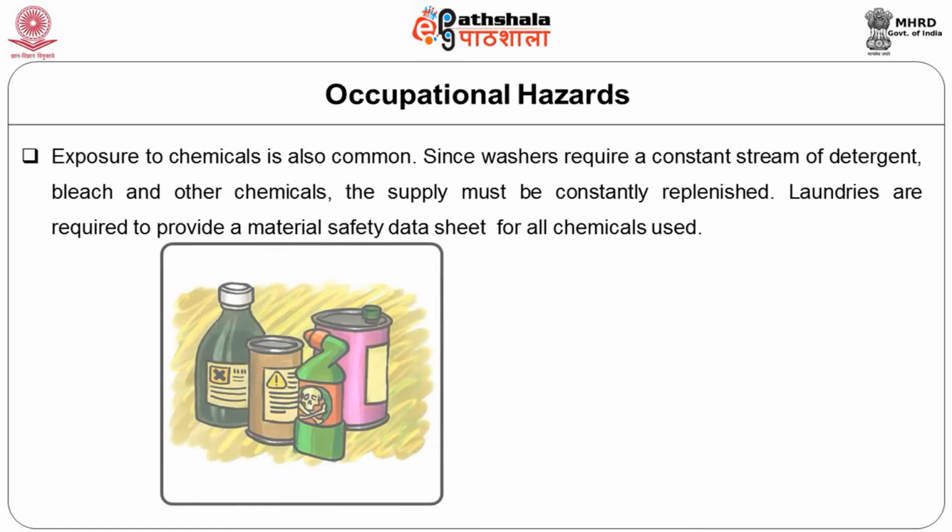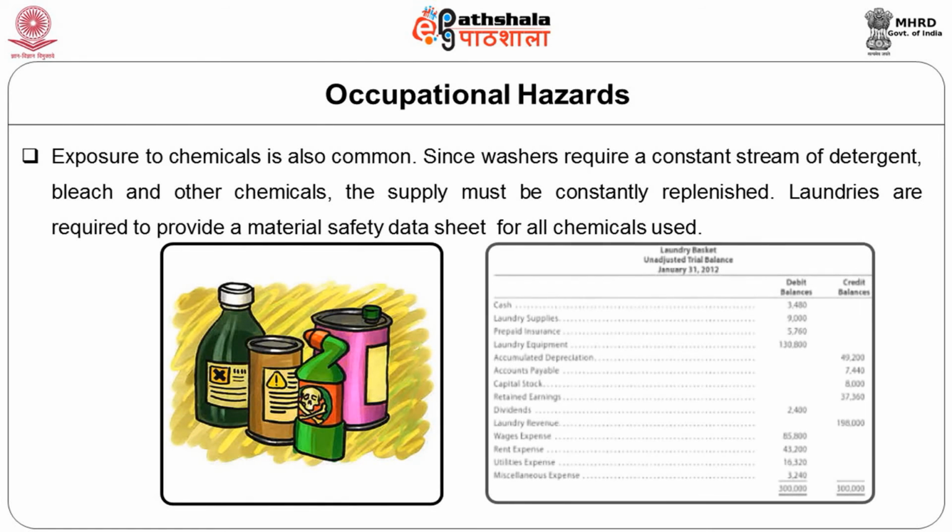Exposure to chemicals is also common, since washers require a constant stream of detergent, bleach and other chemicals. The supply must be constantly replenished. Laundries are required to provide material data sheets for all chemicals that are being used inside the laundry.